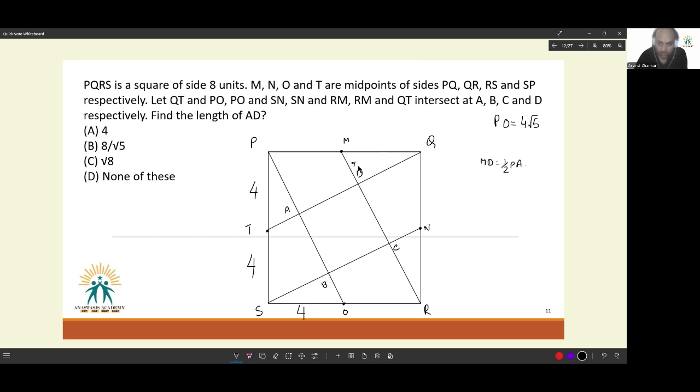So if I take this length as X, this length here will be 2X. Similarly, whatever is the length of MD, TA will have the same length. If this is X, this will be 2X. X and 2X give me 4.